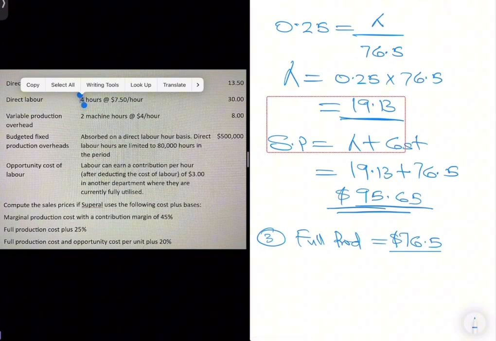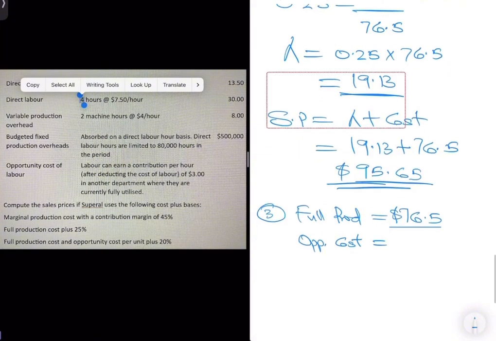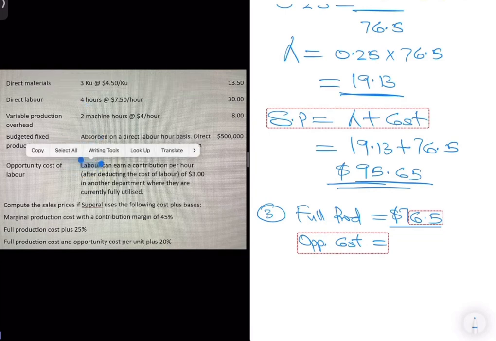Then the next part that we need is the opportunity cost, which we dealt with in relevant costing. And that is trying to know what we are going to lose if we take those labor from where they are working currently. And this already told us that if we take them away from where they are working, we're going to lose contribution of $3 for every hour that we take them away.